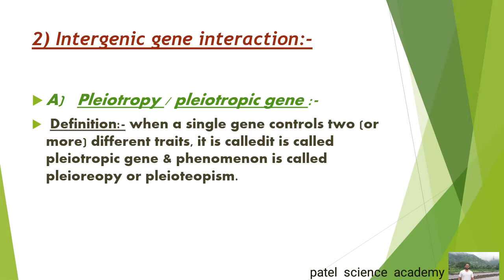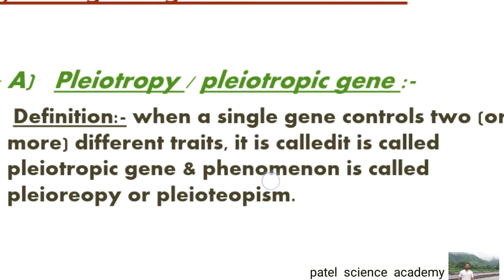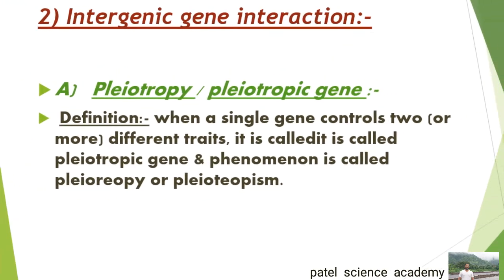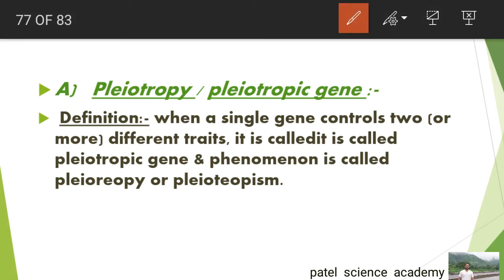It means, dear students, when the inheritance of different traits is dependent on a single gene, this is the only gene which controls these different characters, which may be at least two or more than two.